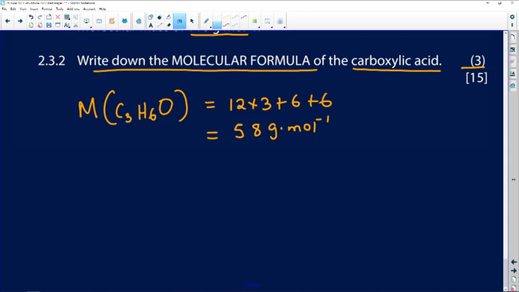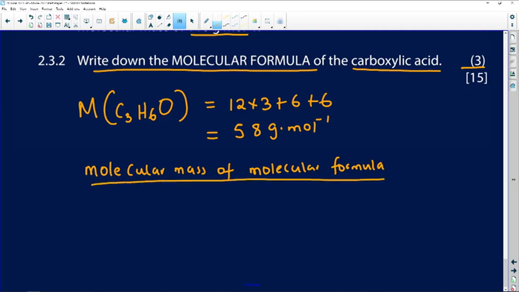Now, look at this. You can say molecular mass of the molecular formula over the molecular mass of the empirical formula.